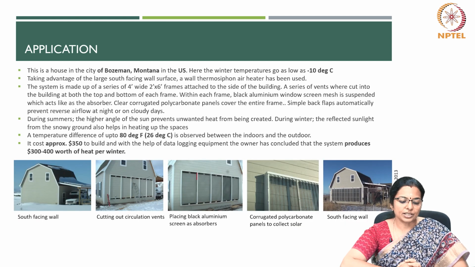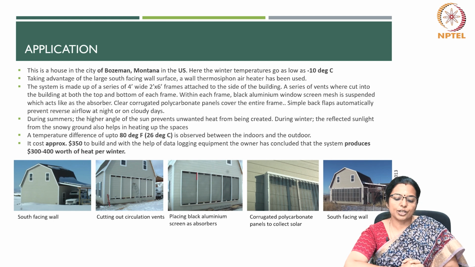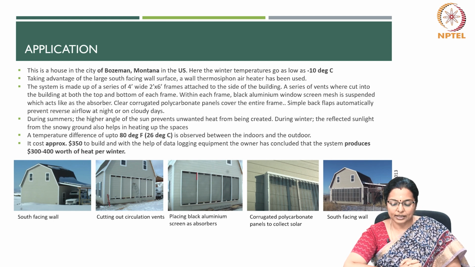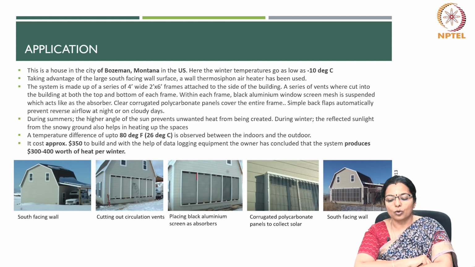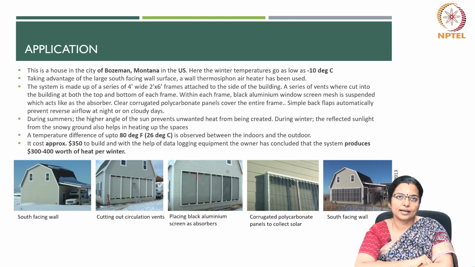Another application is the house in the city of Bozeman, Montana in the US. Here, the winter temperature can go as low as minus 10 degrees centigrade. Taking advantage of the large south facing walls, a wall thermosiphon air heater has been used.